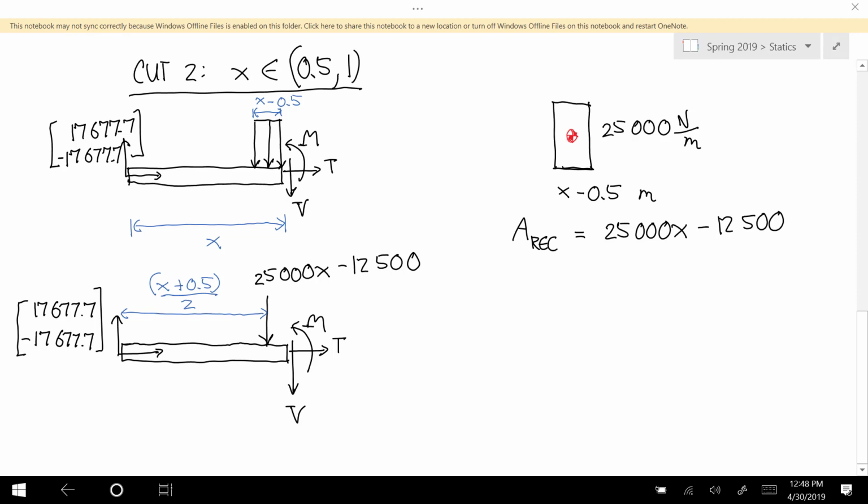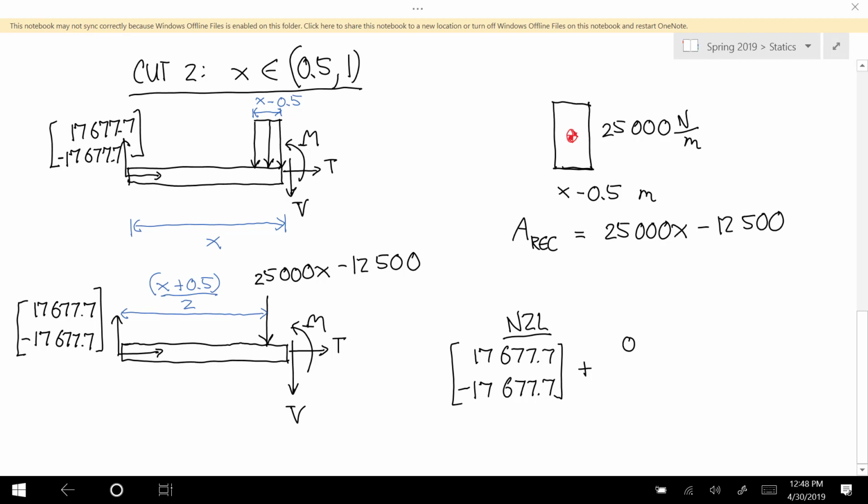Okay, so Newton's second law says 17,677.7, negative 17,677.7, plus this downward force with this magnitude.